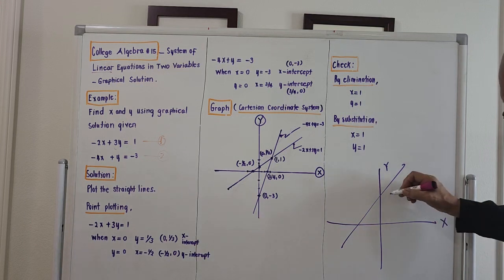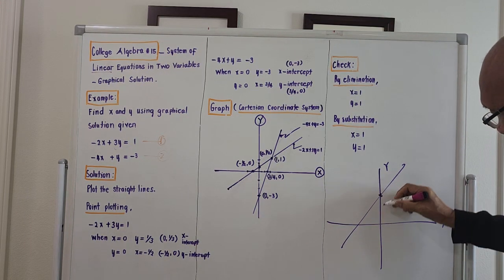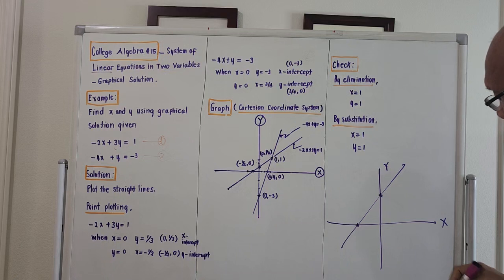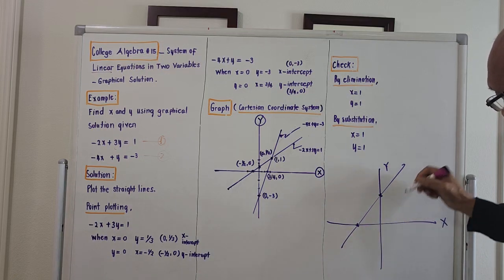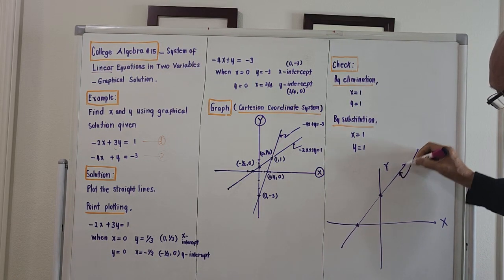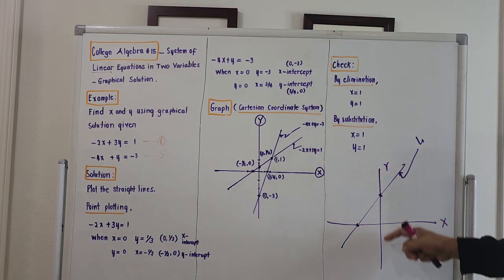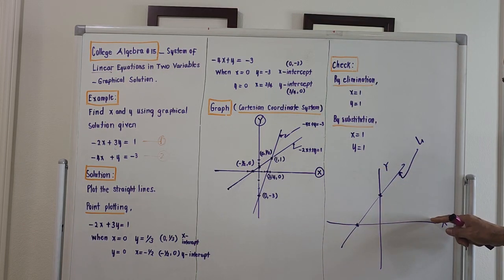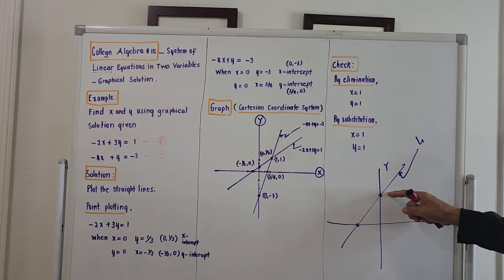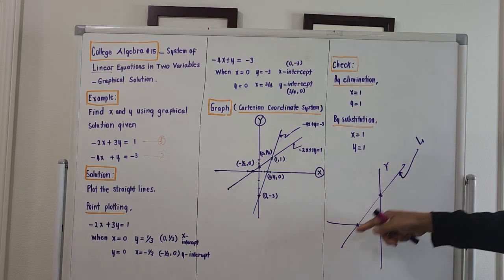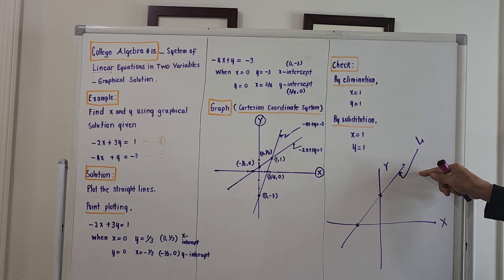We will just determine this point here and this point, and connect the two points, so we'll get line number 1. This is the so-called intercept form. If we know the y-intercept and the x-intercept, just connect the two points and we could bring out the graph of the straight line.